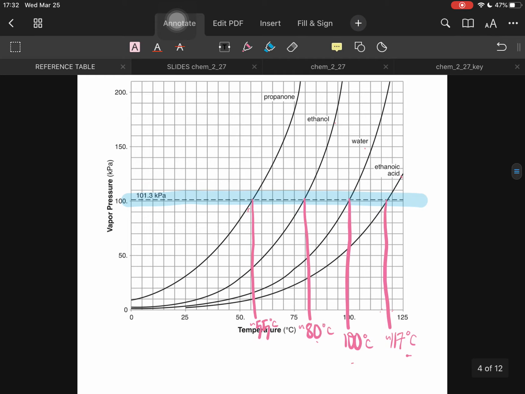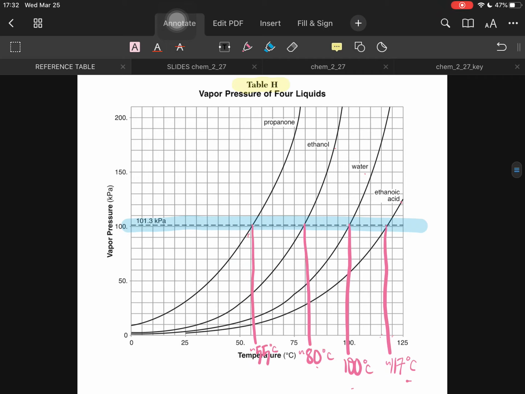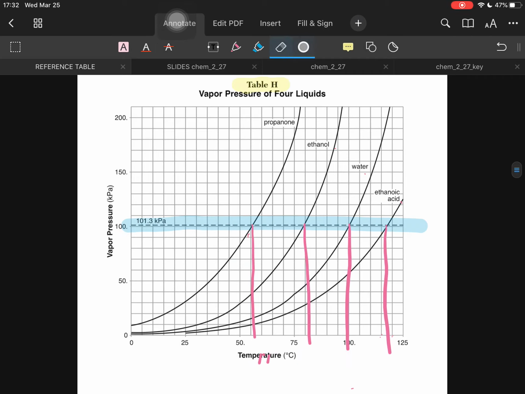So there's not really a lot to say about table H, right? You're looking at the normal boiling point, right?